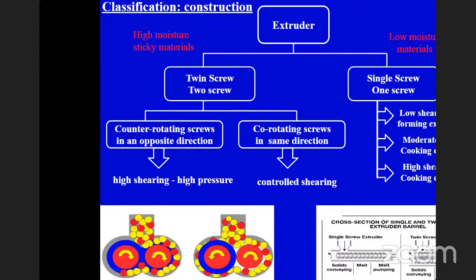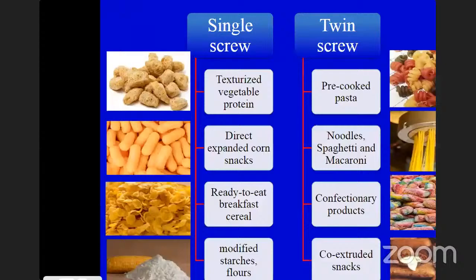Screw rotation in the twin screw machines may be co-rotation or counter-rotation. In co-rotating screws both screws rotate in the same direction, creating controlled shearing, while in counter-rotating, screws rotate in opposite directions, creating high shearing and high pressure zones. Here, I show you some different applications of single and twin screw machines.